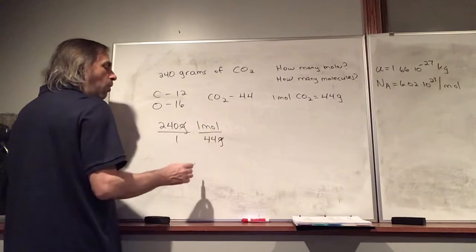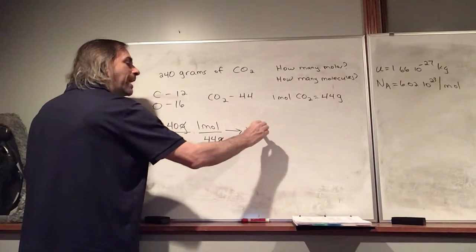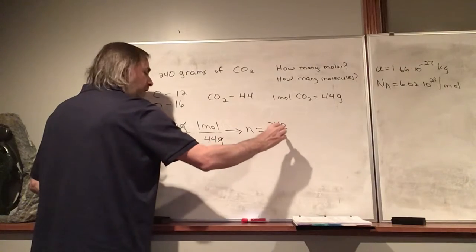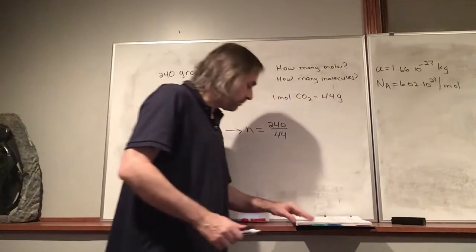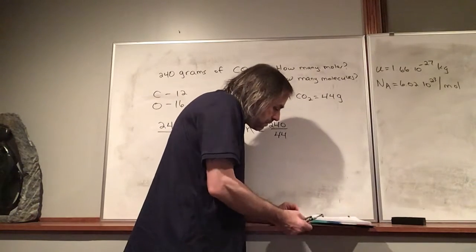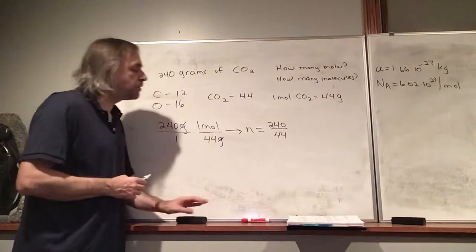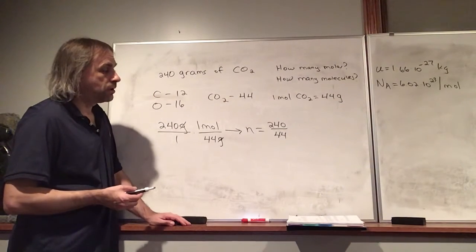So the number of moles, we use a lowercase n for moles. So this would be 240 divided by 44. Let's see, 240 divided by 40 would be 6.